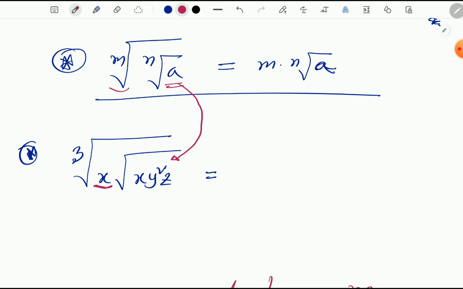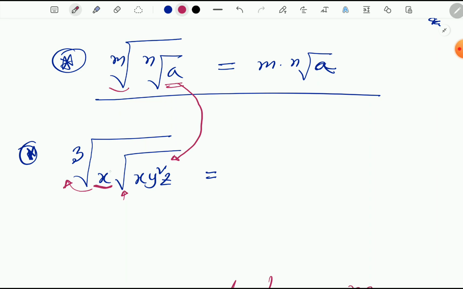So this x just outside of this square root, we can take him inside, or we can take him outside, but it's better to take him inside than outside, because directly we can apply the formula and that makes sense. So remember, x has power 1, right?